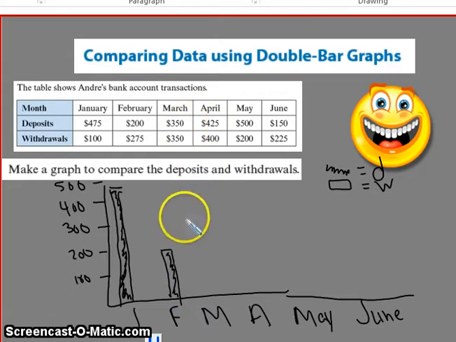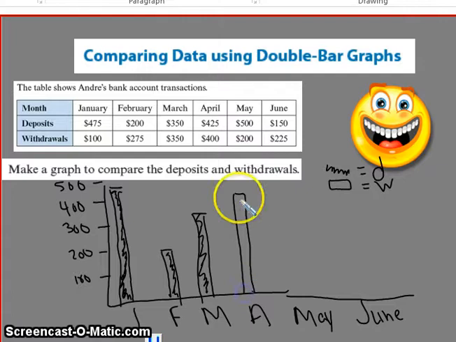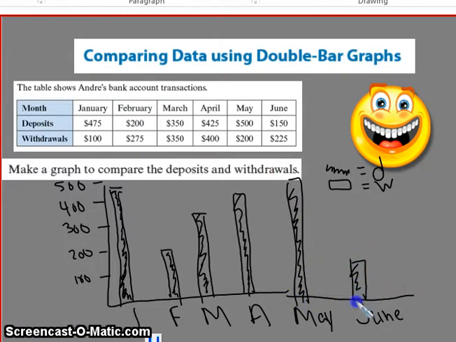In March, $350, so halfway between 300 and 400. Color that one in because it's a deposit. April, $425, so quarter of the way between 400 and 500. Color that in too. In May, $500, so all the way up to the top of the graph. And in June, $150, so halfway between 100 and 200, about right there.